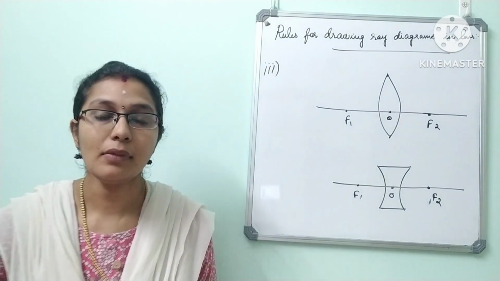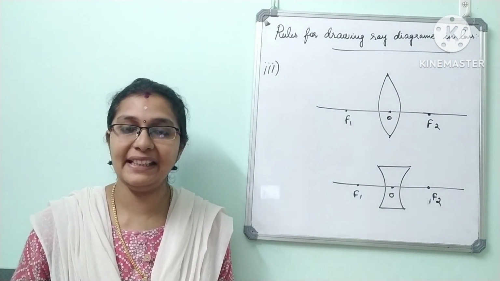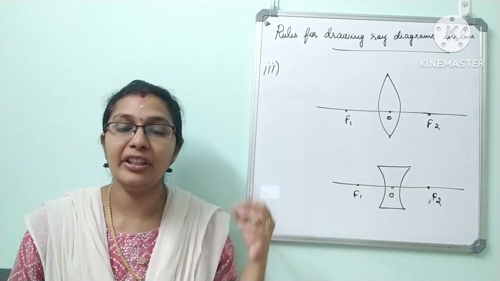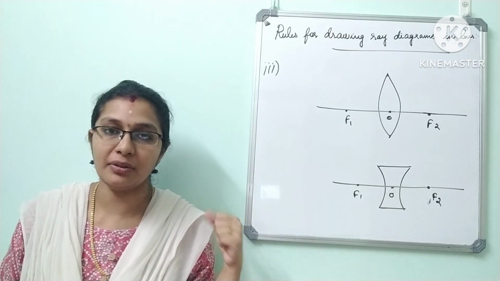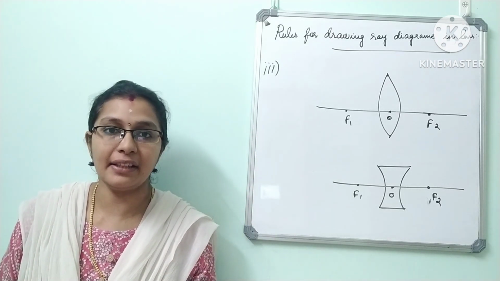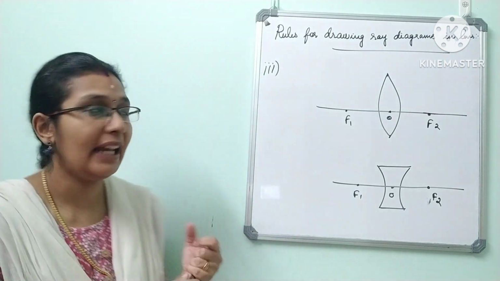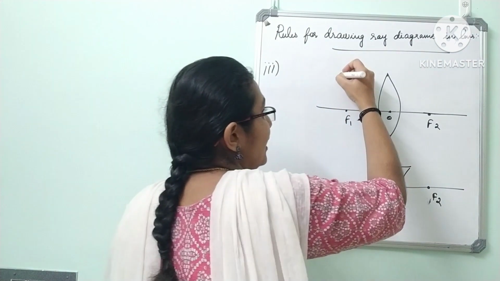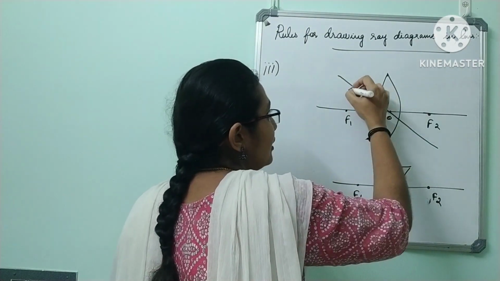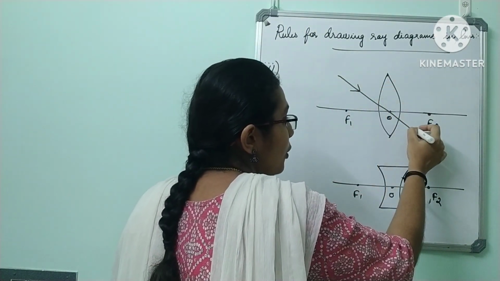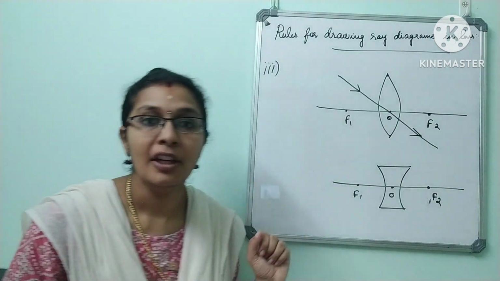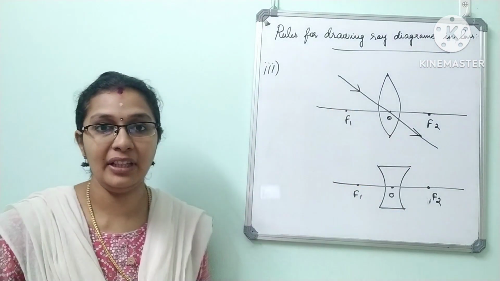Okay? Yes. So rule 3 is a very easy rule, and there we saw rule 3 as a ray passing through the center of curvature is reflected back along the same path. Here the rule is a ray passing through the optic center. A ray passing through the optic center goes undeviated, which means there is no deviation here.